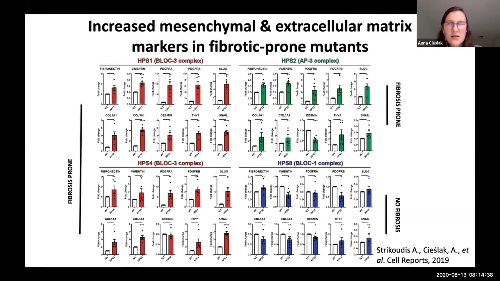So in this context, we again can see that hPS 1, 2, and 4 mutant lines, when we compare to the hPS 8, there was no differences compared to the wild-type, which is actually in accordance with the clinical profile of HPS-IP.